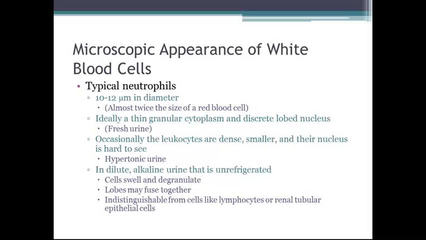Occasionally the leukocytes are dense and smaller, and their nucleus is hard to see, which is an indication of hypertonic urine. In dilute alkaline urine that is unrefrigerated, cells will swell and degranulate. Lobes may fuse together and become indistinguishable from cells like lymphocytes or renal tubular epithelial cells. So here's a picture of the white blood cell. You can see the granular components among the cells.